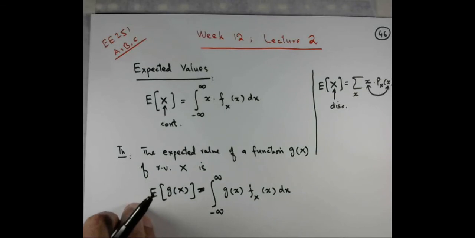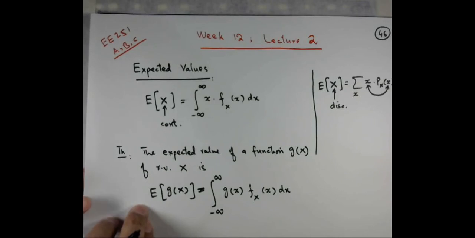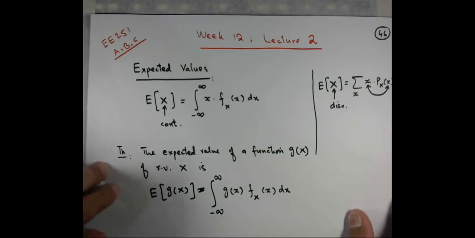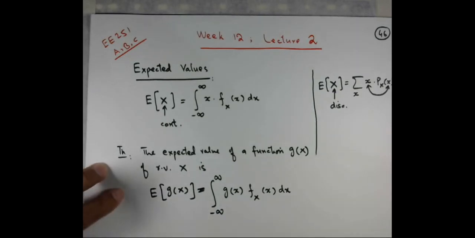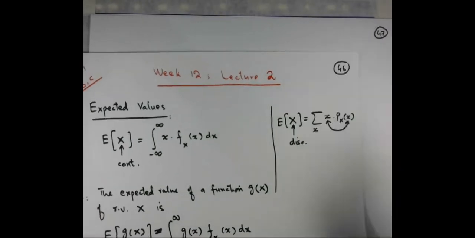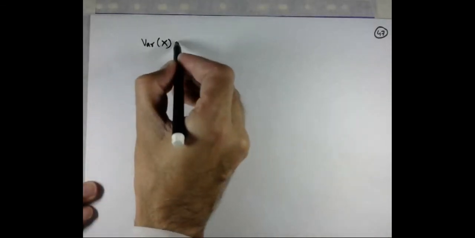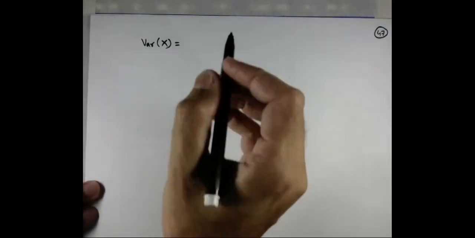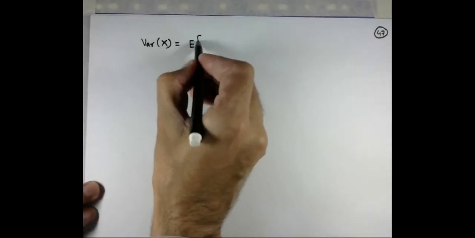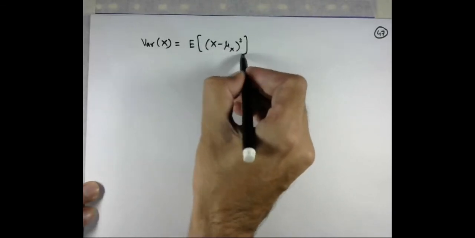So if this is known, you should be able to write the formula for the variance of a continuous random variable. So let me now write the formula for variance of a continuous random variable. So the variance of x, if x is a continuous random variable, is nothing but the expectation of x minus the mean whole squared.